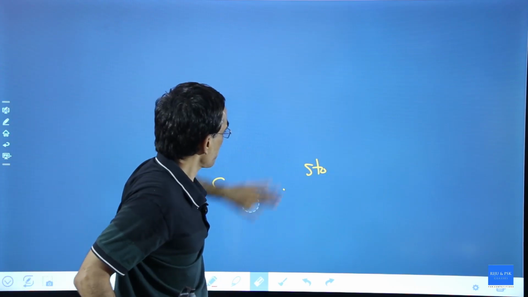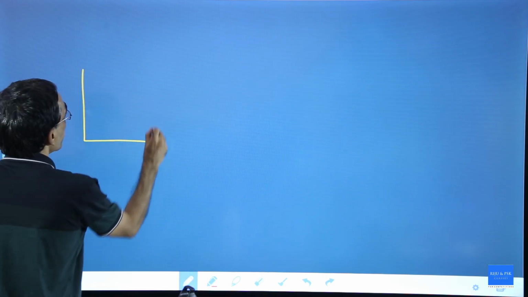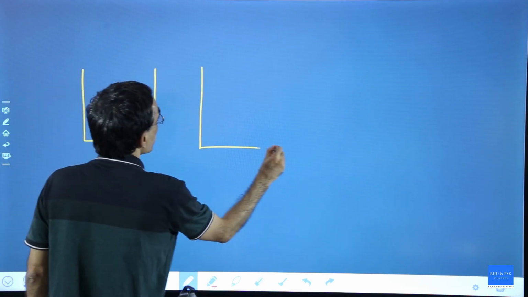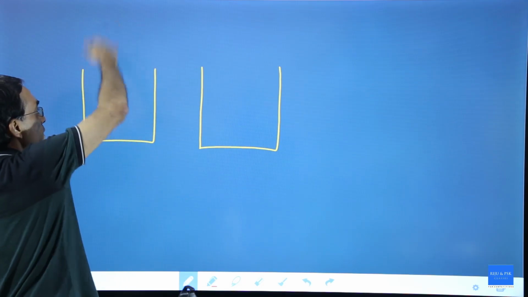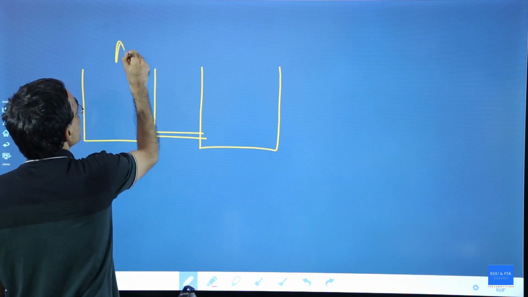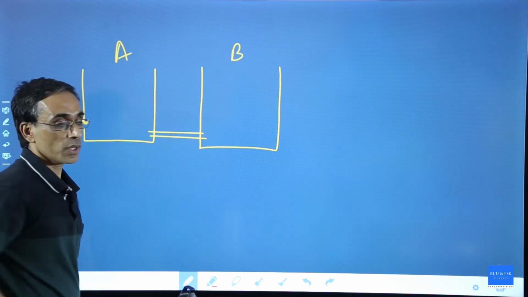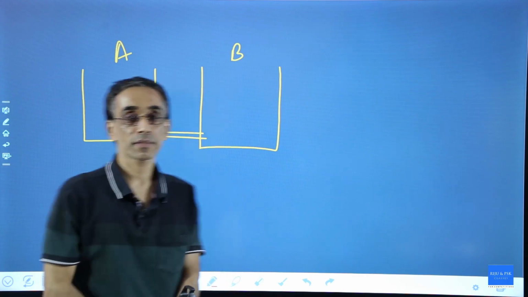Once more. This time I have one water tank here and another water tank here, of almost the same capacity. There is water inside this, there is water inside this, and they are connected by a pipe. This is A, this is B. Will water flow? If it flows, in which direction?